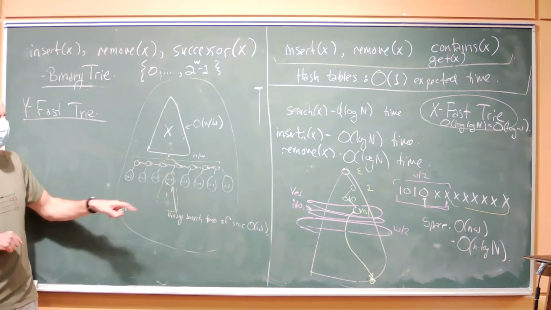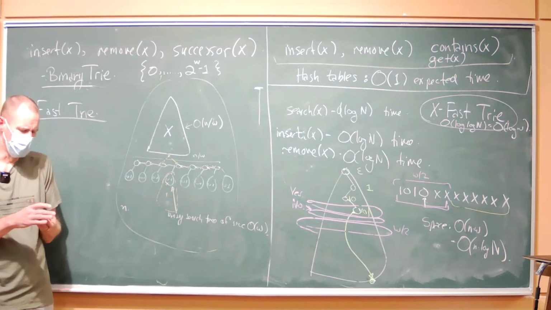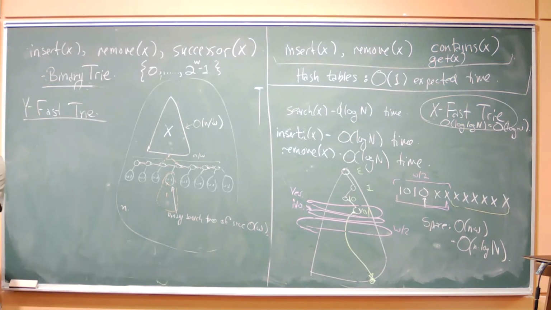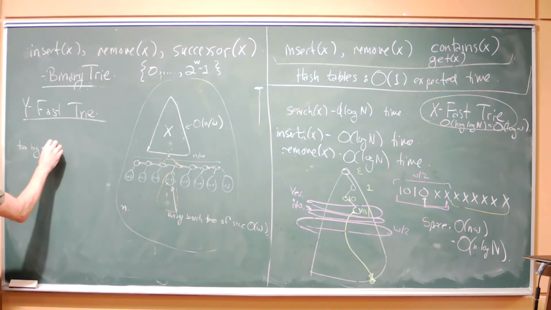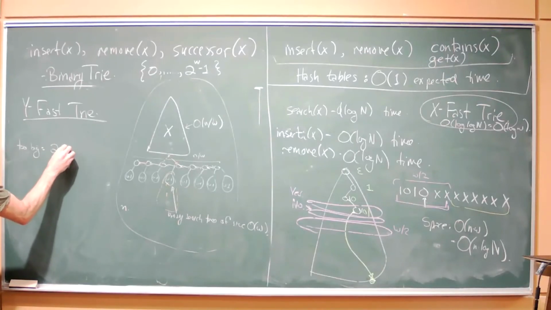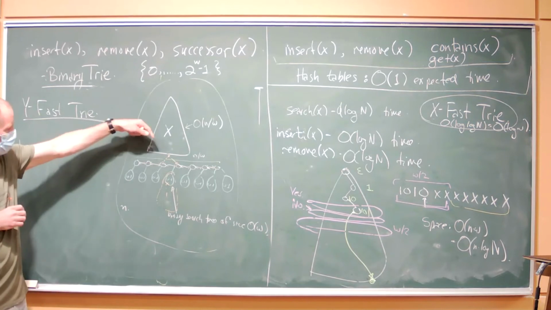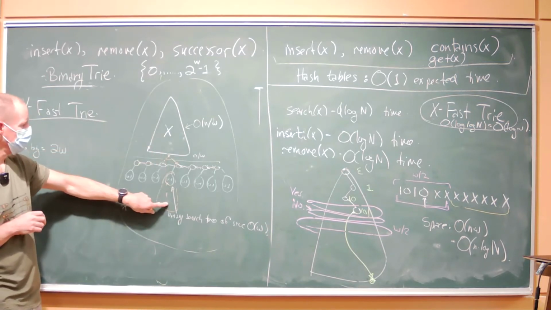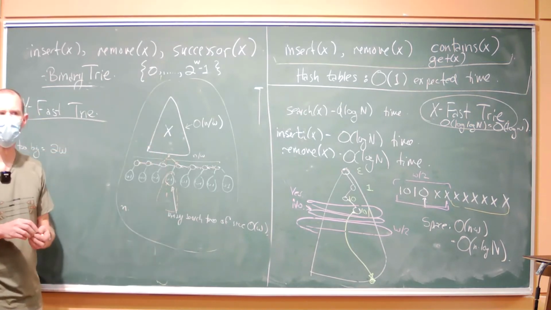What should I do if the tree gets too big? And what is too big? So let's say too big is if its size is 2 times w. So I insert for a while and suddenly this tree becomes of size 2 times w. What should I do?